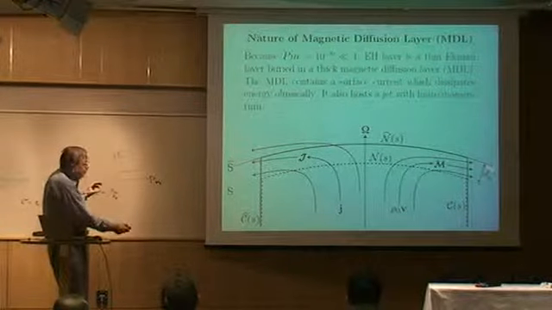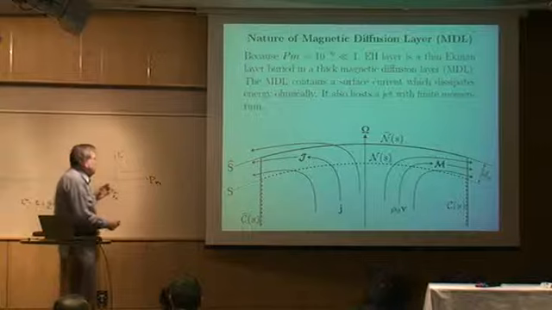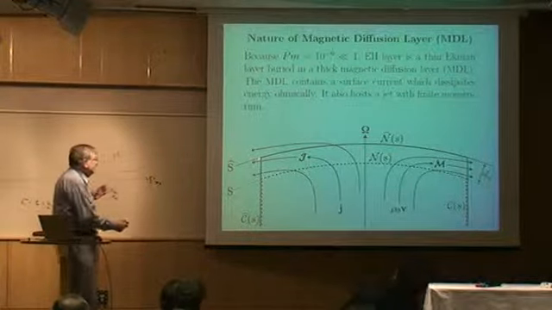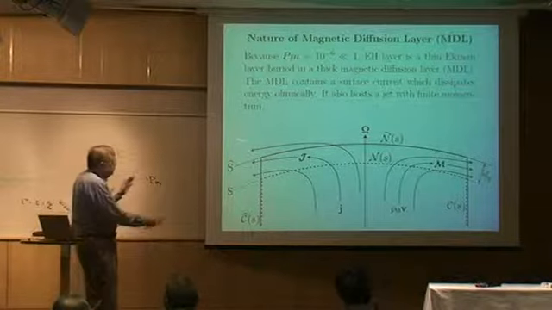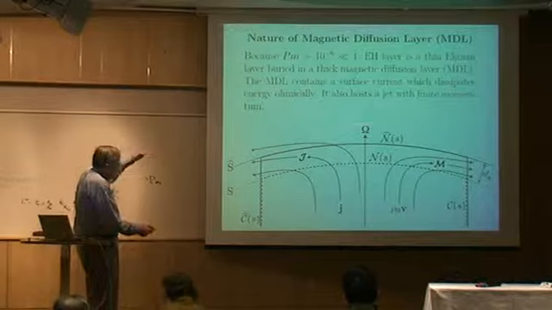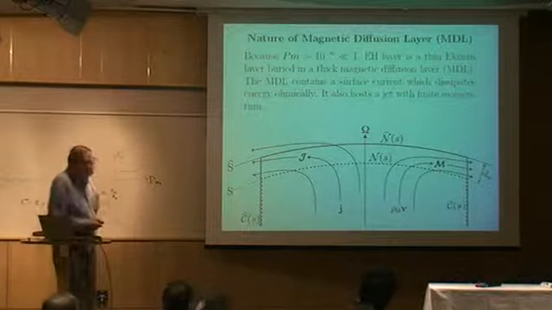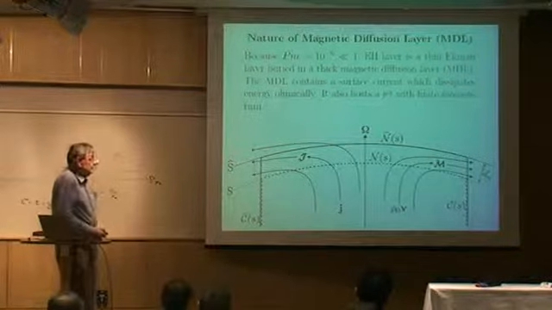Here it is, thickness d eta, and a very, very thin Ekman layer, which is probably as thick as that line up here. Now here's one of these cylinders meeting the core mantle boundary, and because of the failure of the solutions to satisfy the boundary conditions, you get some interesting phenomena.